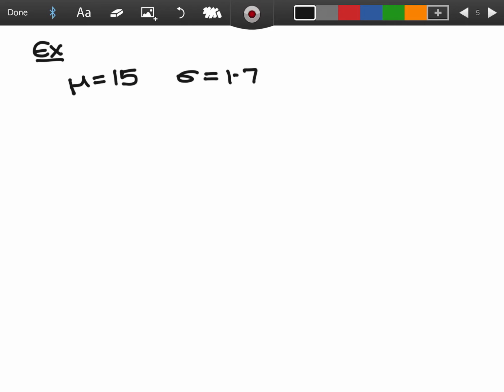The question is, what is the probability that a randomly selected bag of fertilizer weighs between 14 and 16 pounds? Now, we are looking at the bags themselves. We are not looking at taking a sample of them or anything. This first part of the question, if you look at the notes, is just referring to what we have done before, where you use a standard Z transformation, okay?